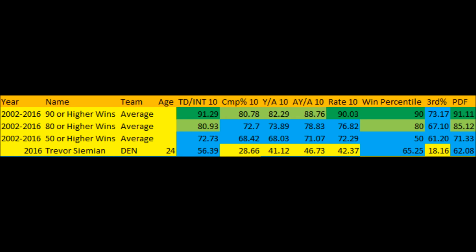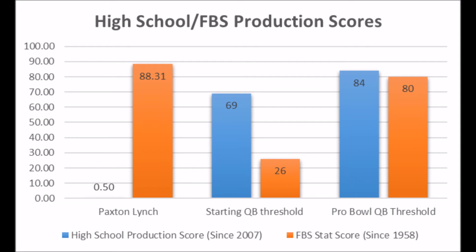So I would say it might be time to consider another option at quarterback for the Denver Broncos, which they've been trying to do, obviously, but I would say they definitely should try to look into that based on Trevor Siemian's play.